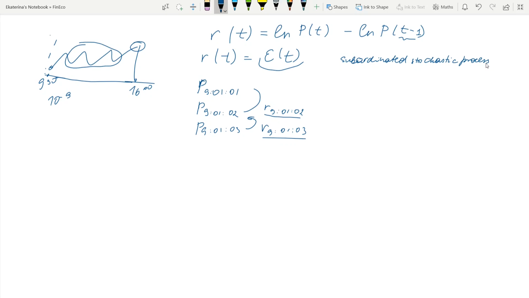Now, what does it mean, subordinated? That means nothing else but that this process is indexed by time. And time here would be, let's say, time I, that would be the real valued process.